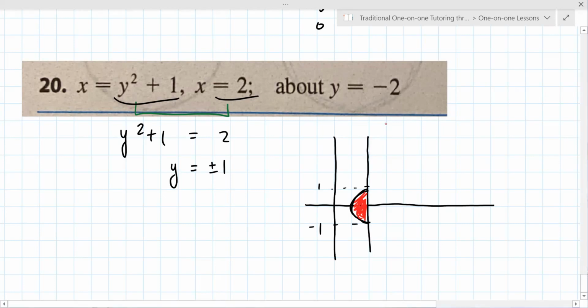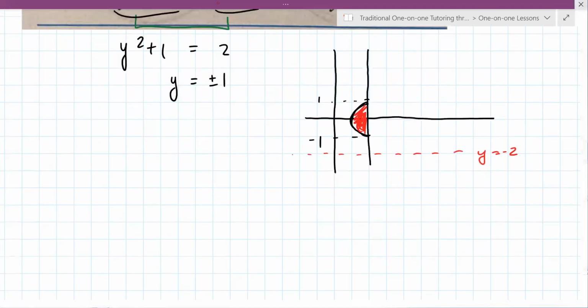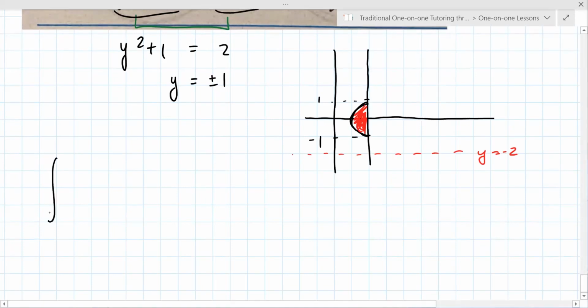So now we're doing it about the line y equals -2. That's down here. Since it's a horizontal axis, it's a y integral. So that's the integral from -1 to 1 of 2 pi y, and we're going to figure that out, and then your height is right minus left, dy. This time it's not y.